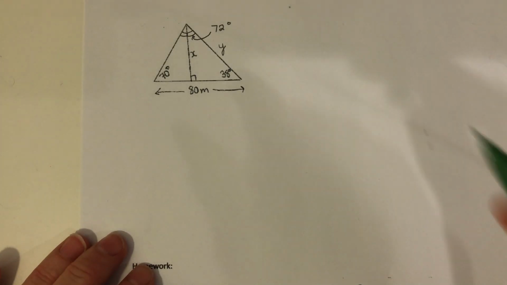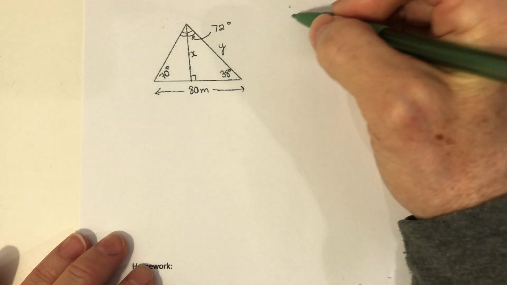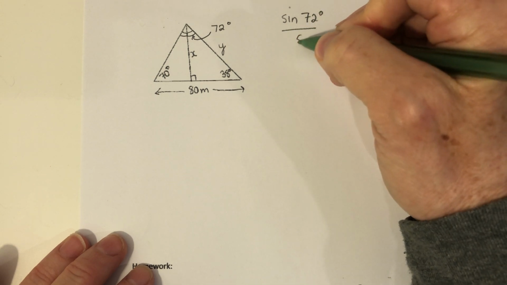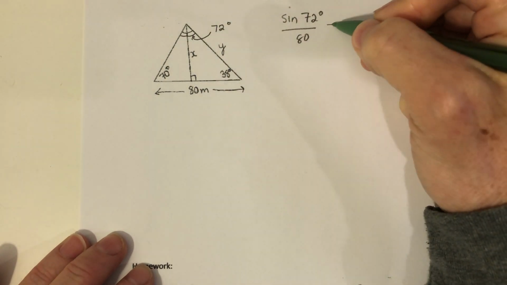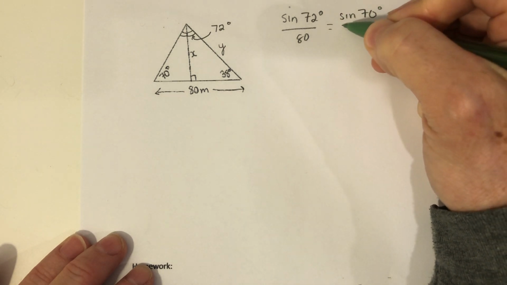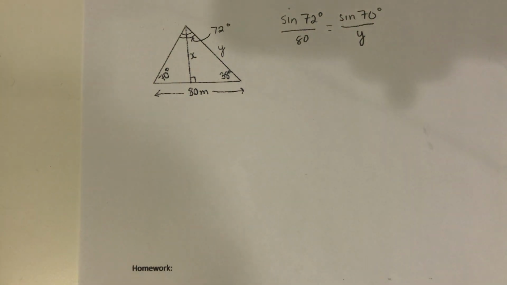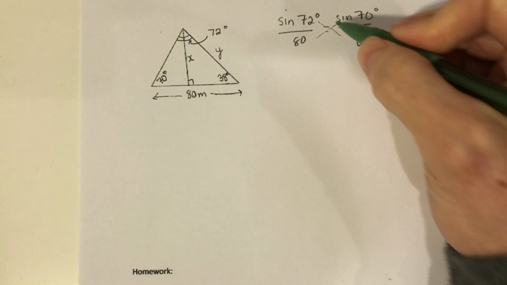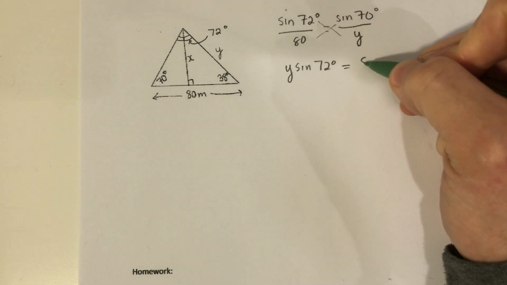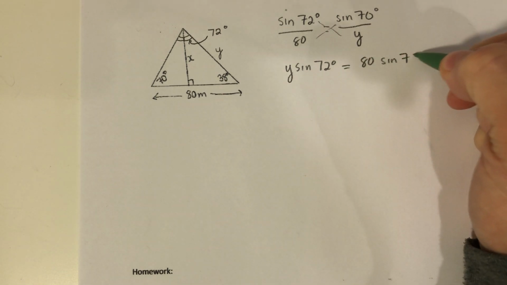So again, if I think about the sine law, I have the sine of 72 degrees over 80, so this angle over this, and it would equal the sine of 70, so we're looking at the huge triangle, over y. Okay? Again, if we cross multiply, we get y sine 72 degrees equals 80 sine 70 degrees.